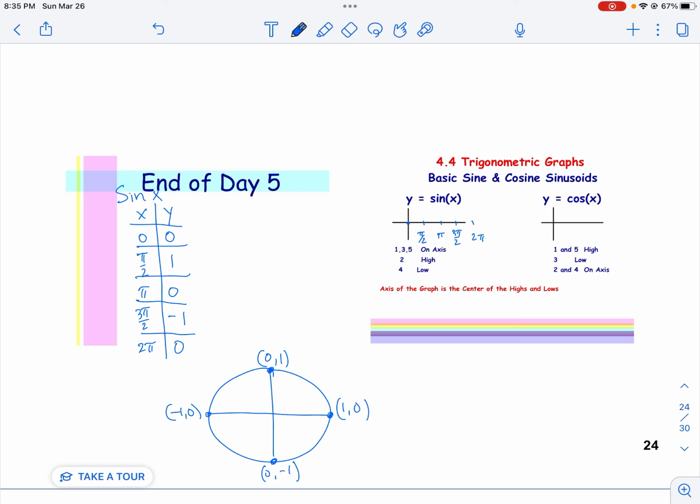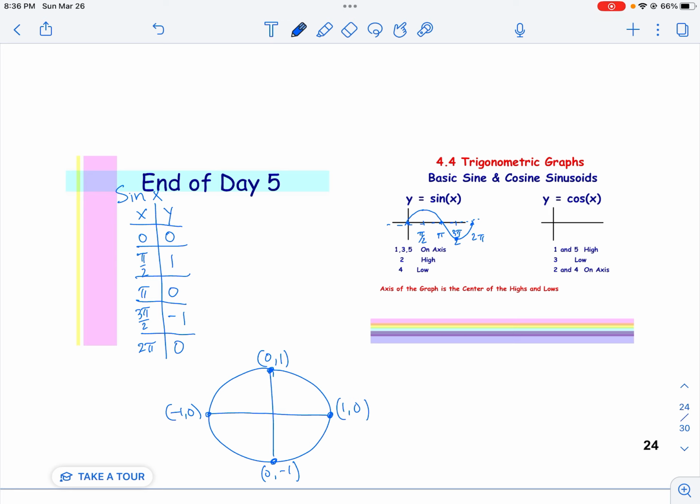I'm just going to plot those points: 0, 0, pi over 2, up 1, pi, 0, 3 pi over 2, down 1, and 2 pi, 0. So we've got a midpoint, a high point, a midpoint, a low point, and a midpoint. This line right here would be considered the axis of the graph, like the center line through the graph.